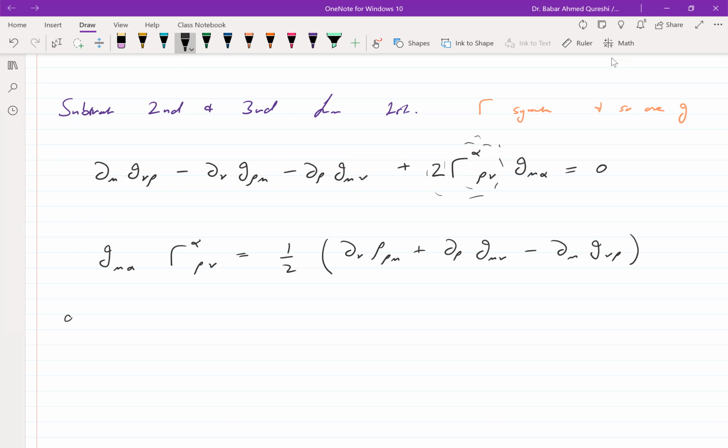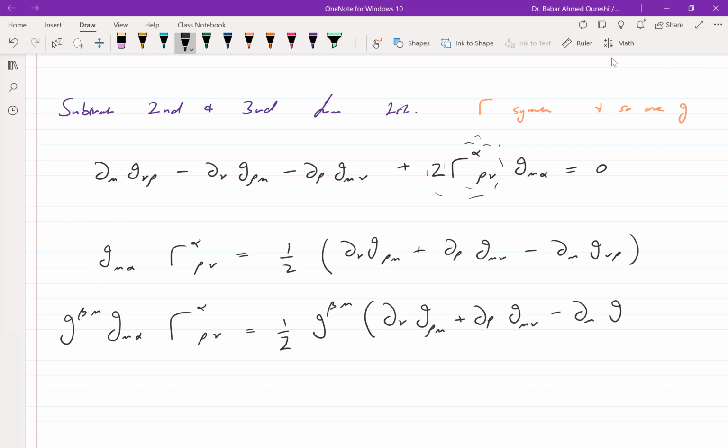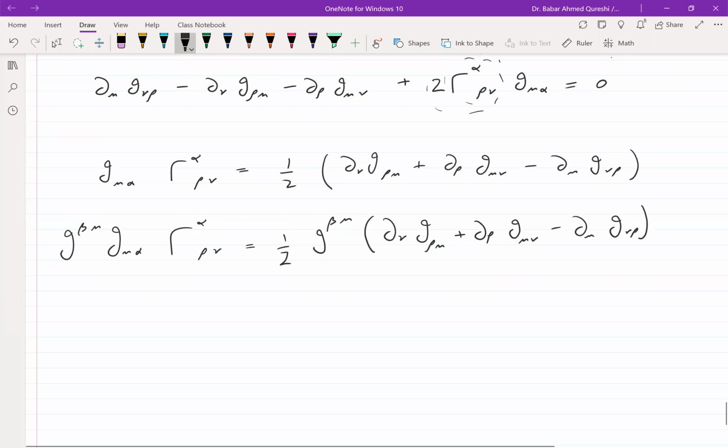So I multiply with g beta mu. And this gives me a delta of beta and alpha.